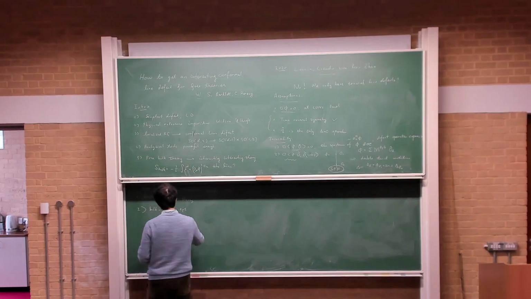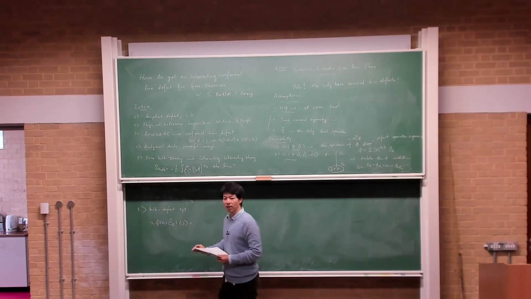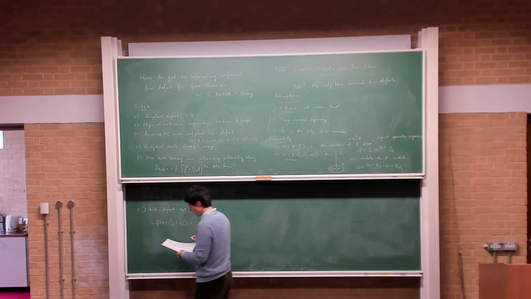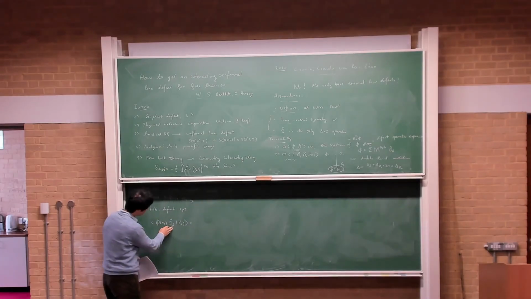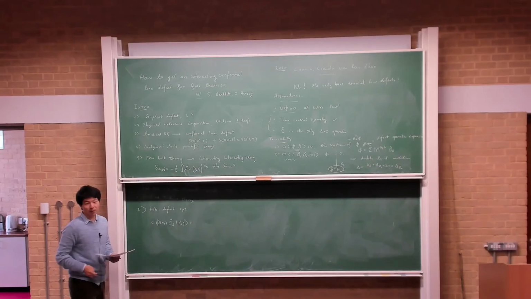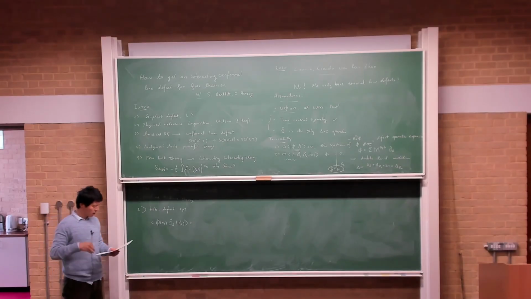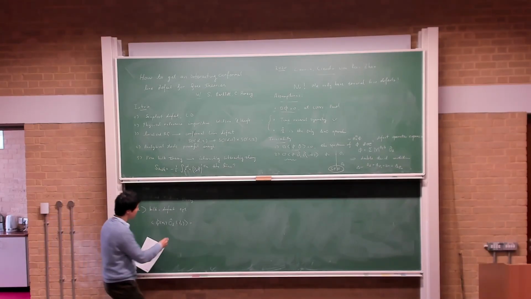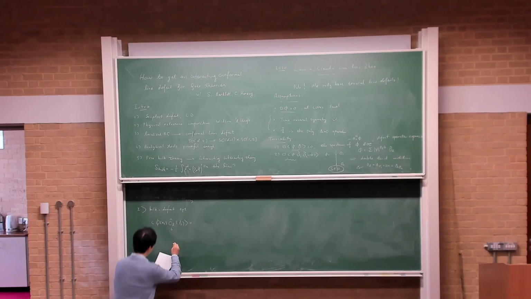We consider a general defect operator with transverse spin L. And when I put the lower index, this means we are using the symmetric traceless representations of the transverse group. So basically, we are contracting the indices of this spinning operator with the null vector.